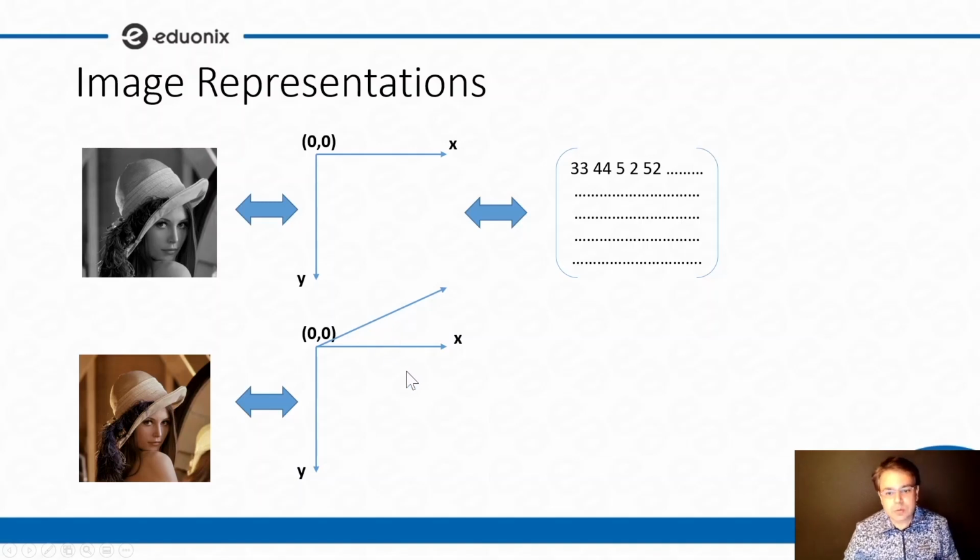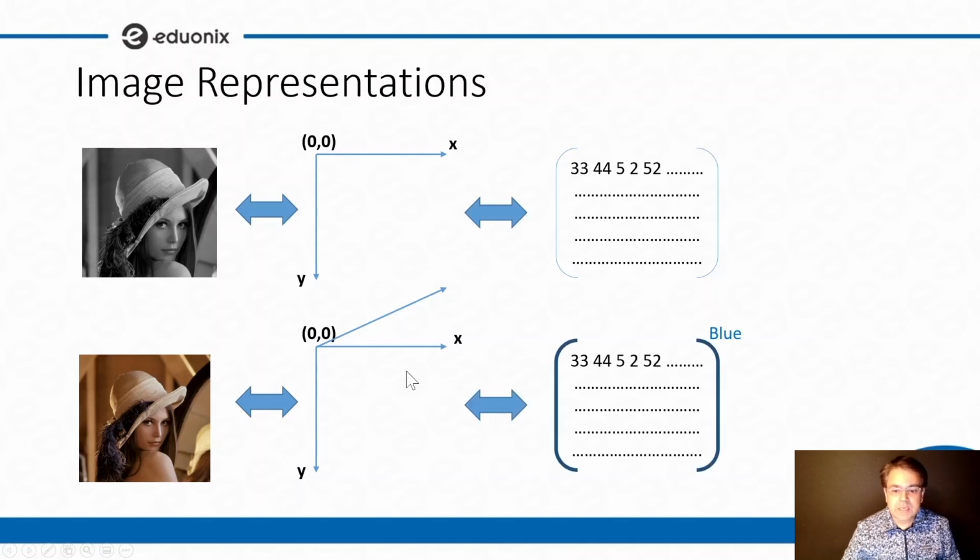Another way to look at it is to see it as one matrix, exactly like the one in the grayscale image, that tells us how much blue is there at each pixel. So we have some number 33 again, and I'm just using a very arbitrary example. In fact, I'm using the same matrix for everything, but that's not true in real images. These values will differ based on the image and intensity.